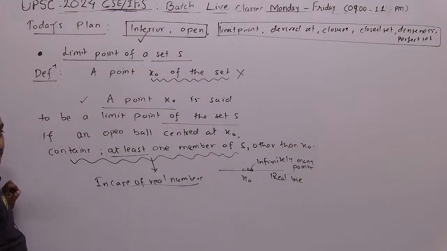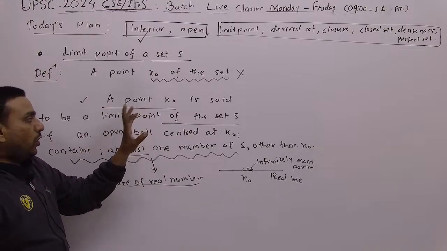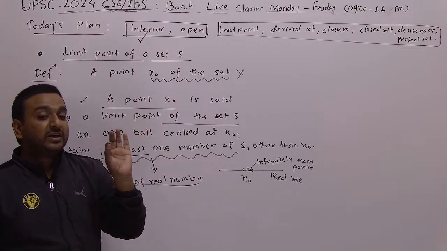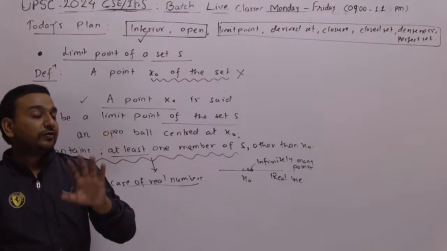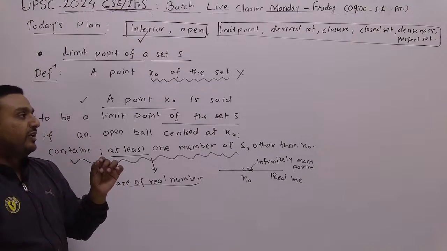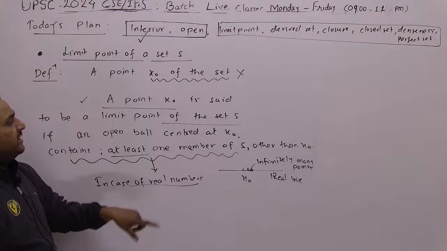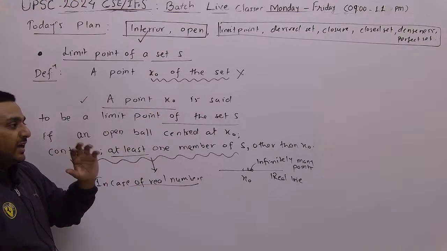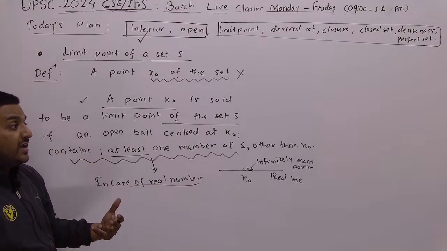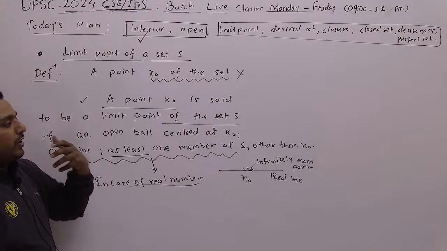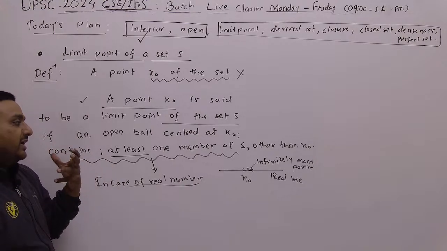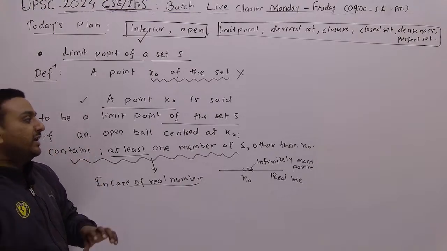A point x naught is said to be a limit point of the set S if any small ball centered at that point contains at least one member of the set S itself other than x naught.